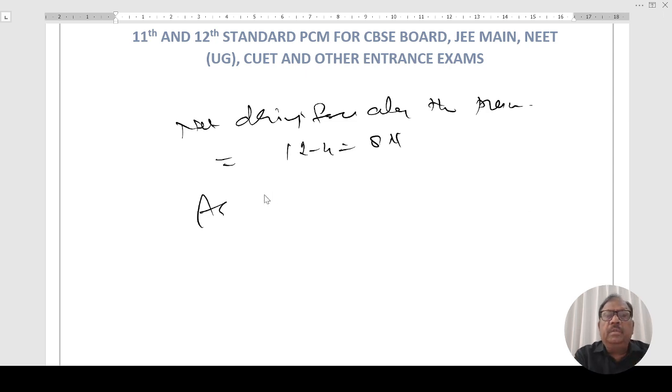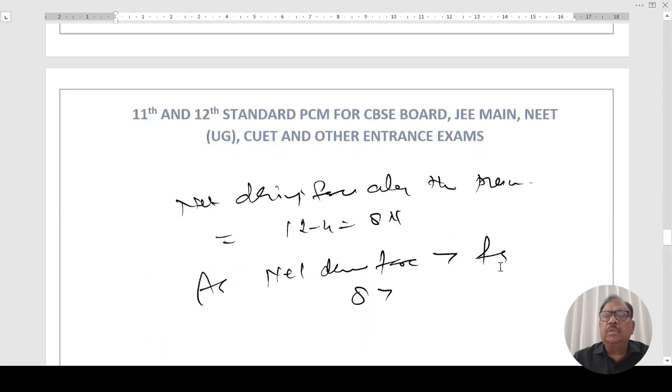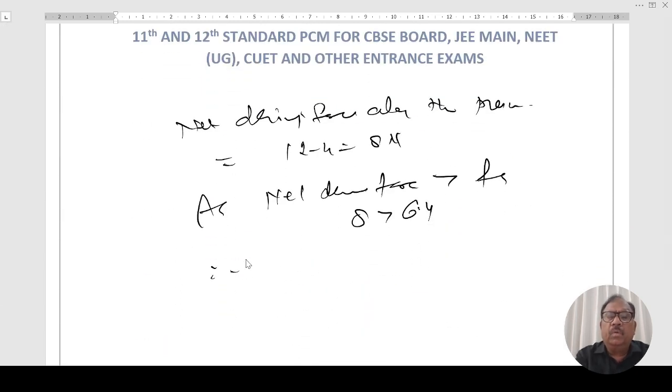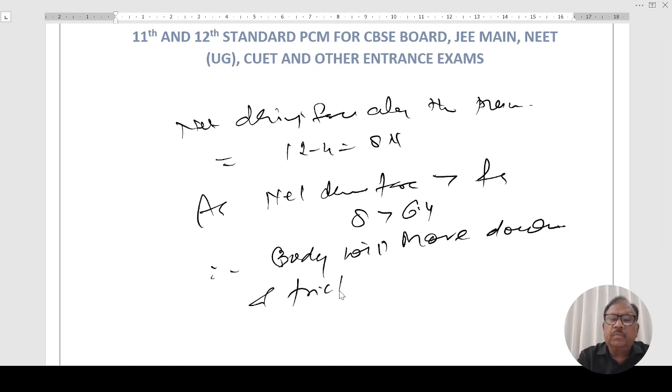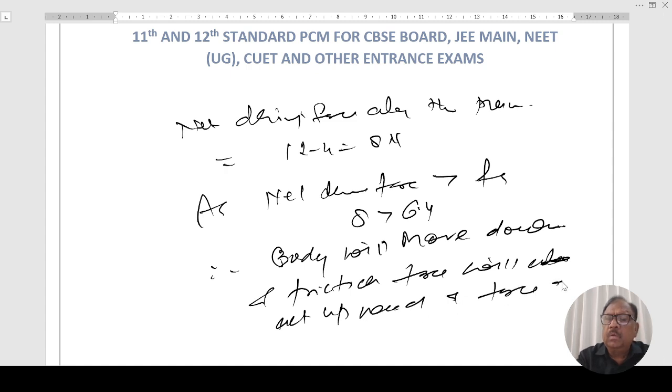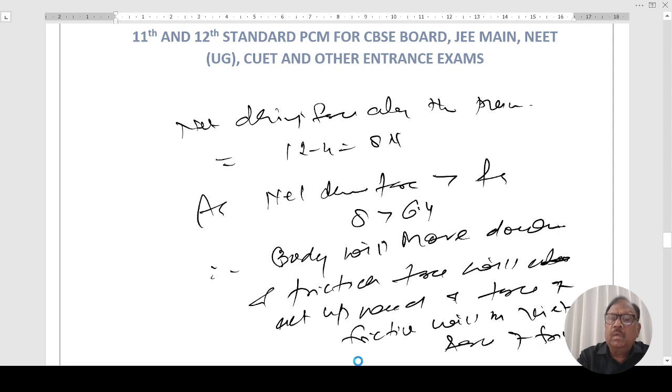As the net driving force is greater than Fs, that is 8 greater than 6.4, therefore the body will move downward, and the friction force will act upward and will be kinetic force of friction.